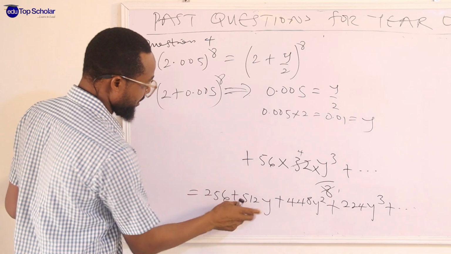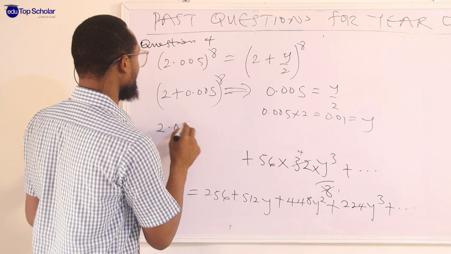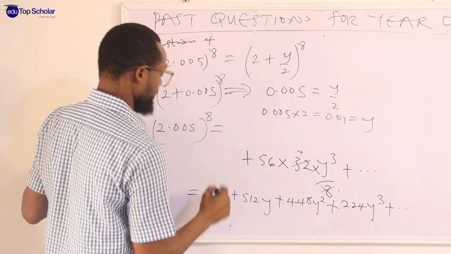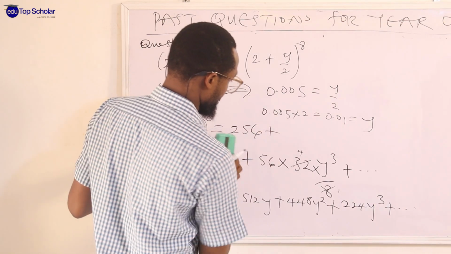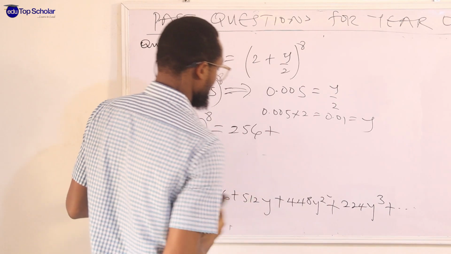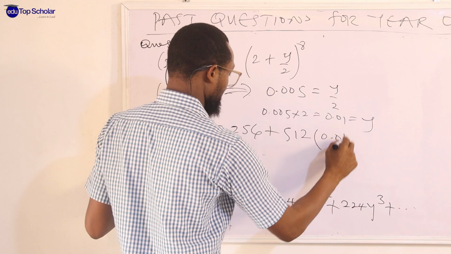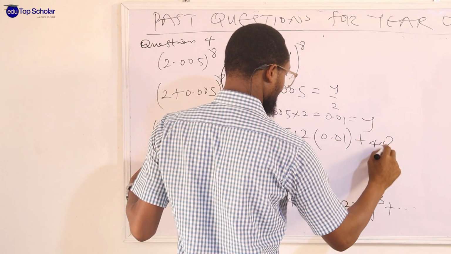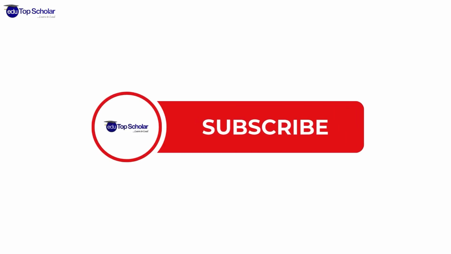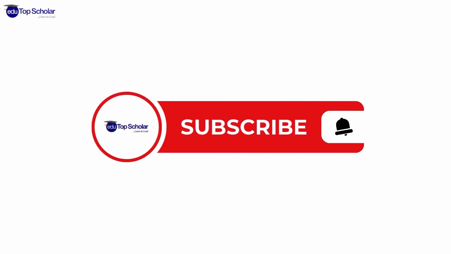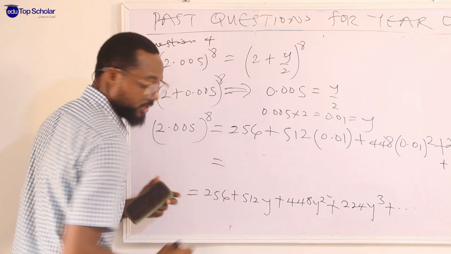So we substitute that one into this, and it will give us the values of the 2.005 raised to power 8 now will be equals to 256 plus 512 into 0.01 plus 448 into 0.01 square plus 224 into 0.01 raised to power 3 plus dots. That's what we have here.